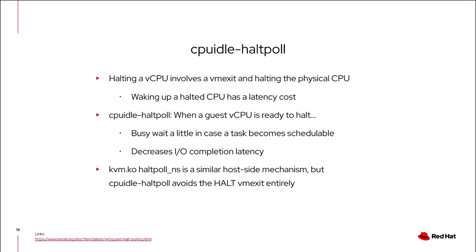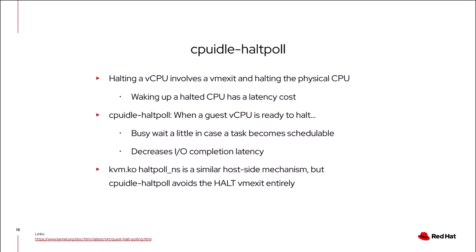That way, the vCPU is actually active when that interrupt comes in. And so when that interrupt is delivered, we can quickly schedule the application again after completing the request, and we don't need to go through this long path of going all the way down to a halted physical CPU and coming back out. That decreases latency.